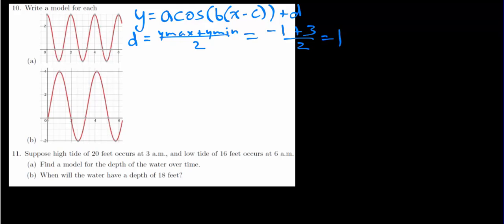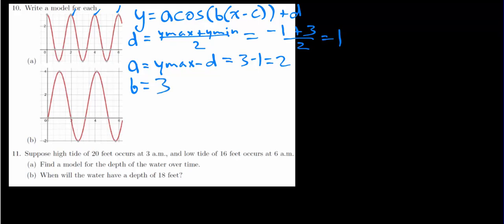Okay, and then A is going to be the y max minus D. So it looks like it's going to be 3 minus 1, which is 2. For B, since this is going from 0 to 2 pi, I'm just going to count the humps here. It looks like I've got 1, 2, 3.